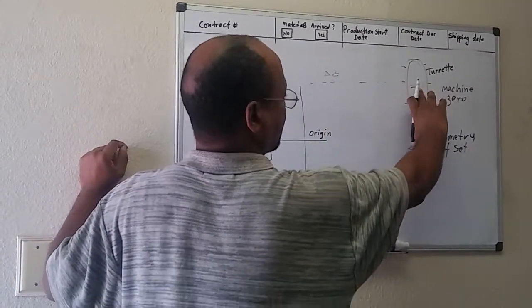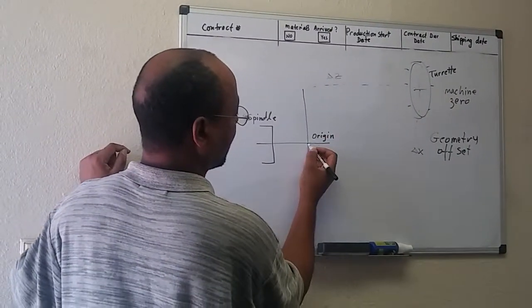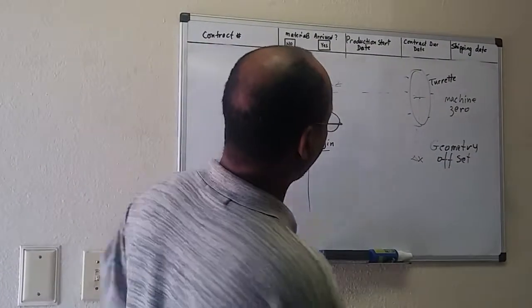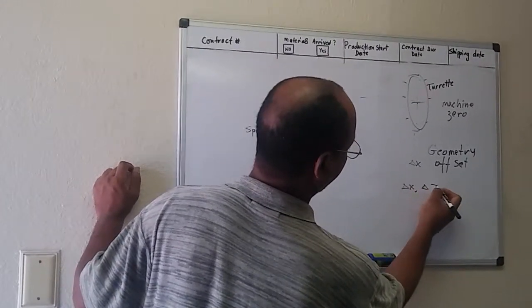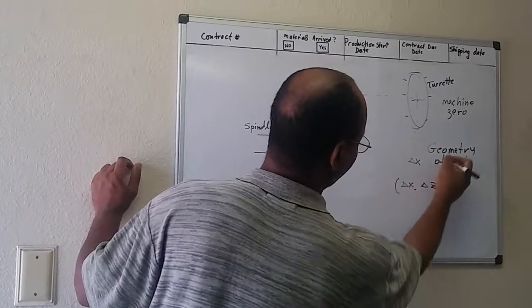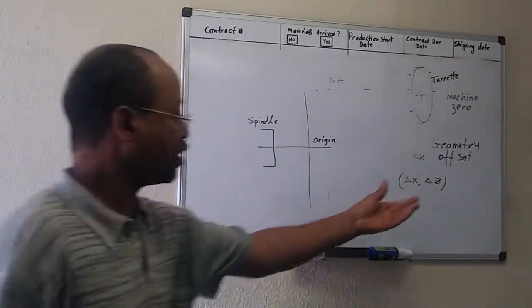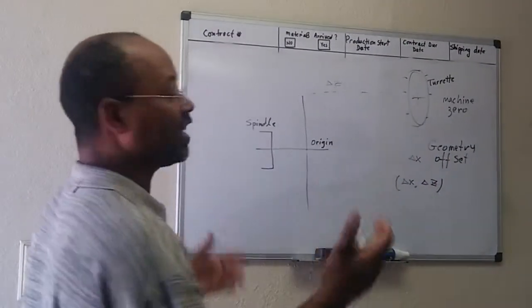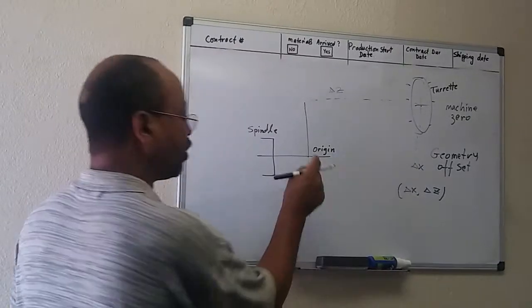It's a rectangular shape. So the distance here, and here, and that distance are the same. So the X, delta X, and delta Z, those are my geometry offset values. So these two numbers would bring the zero position of the machine to the origin.